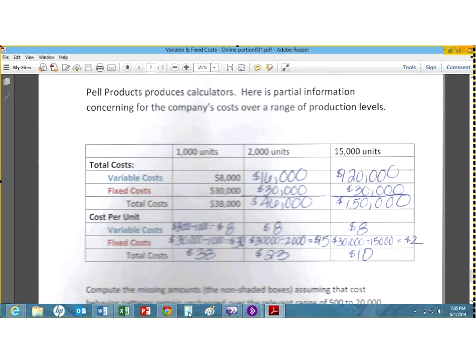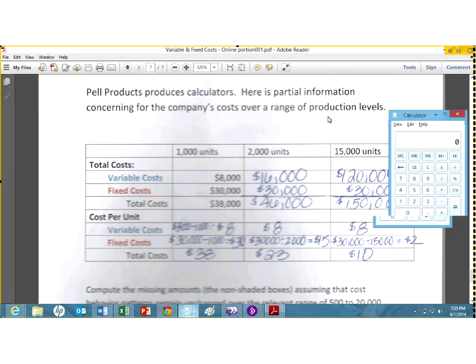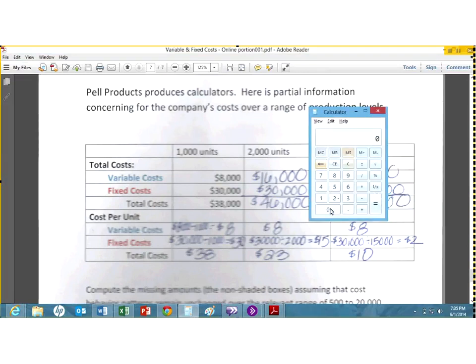So how are we going to do this? We know that we had $8,000 in variable cost when we made 1,000 calculators. So if I take 8,000 divided by the 1,000 calculators, that tells me that for every calculator we made, we had variable cost of $8.